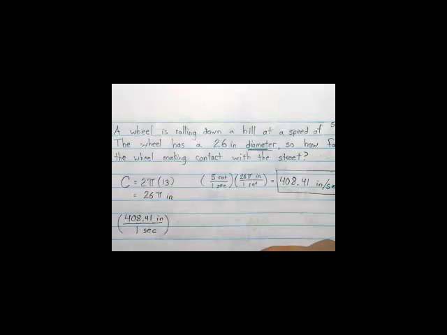Let's say it's really slippery and its coefficient of friction is way up there. Anyway, what do we need to multiply by to get this into miles per hour?